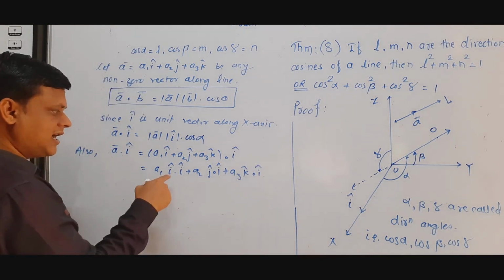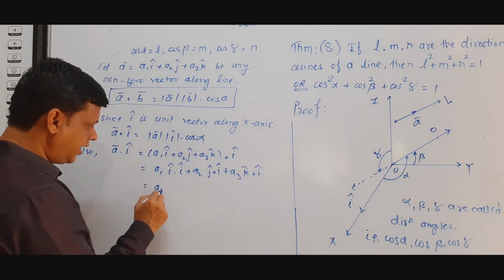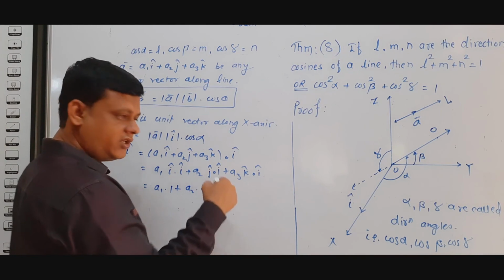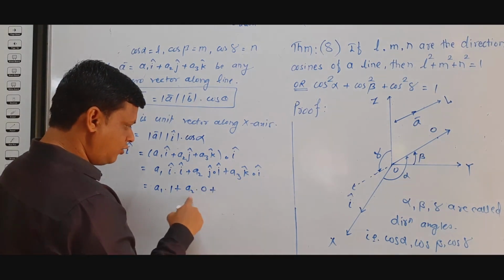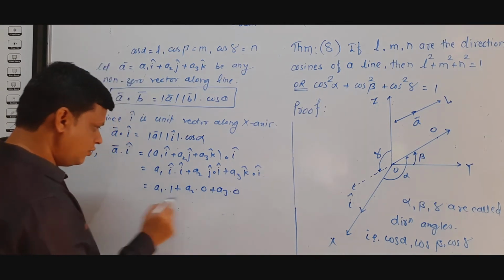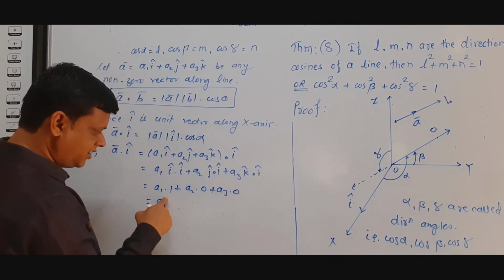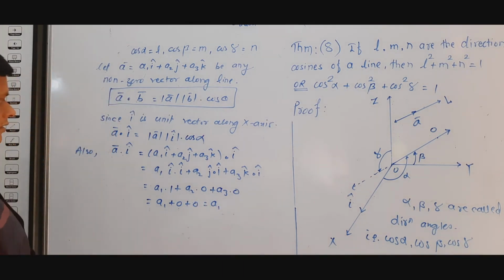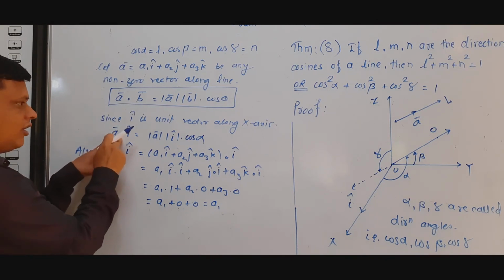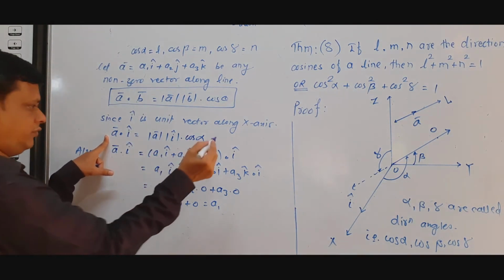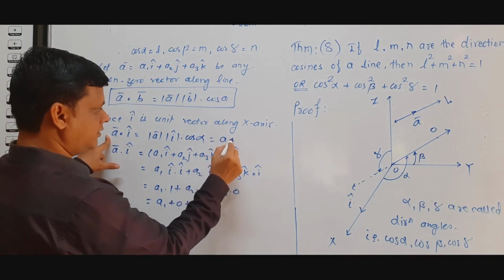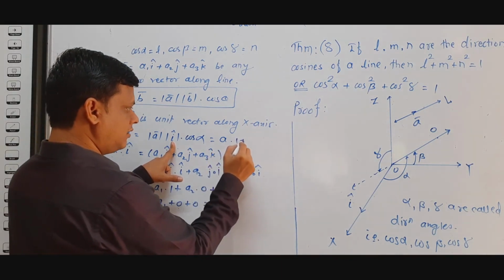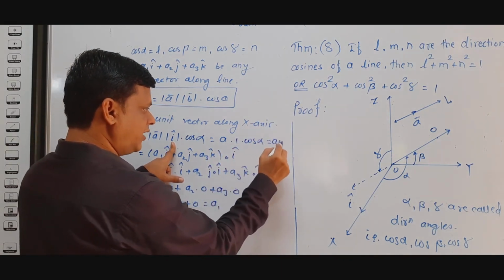From this, i cap dot i cap is 1, so we get a1 into 1 plus a2 into 0, since j dot i is 0, plus a3 into 0, since k dot i is 0, which equals a1. So A bar dot i cap, with the magnitude of the unit vector i cap being 1, is A into 1 into cos alpha, which equals A cos alpha.